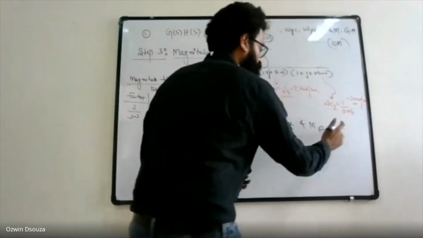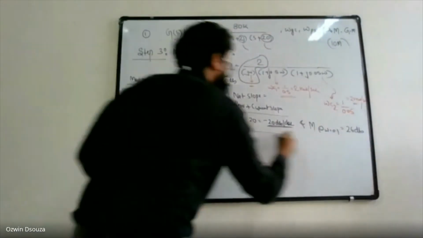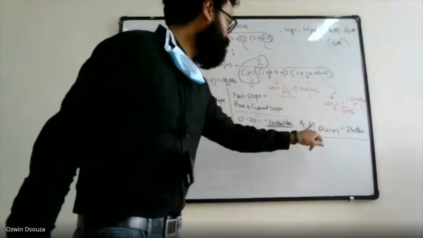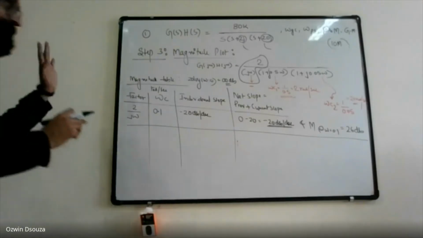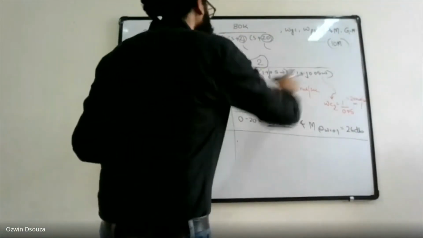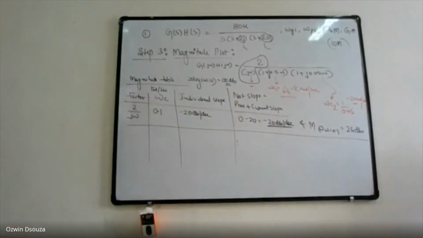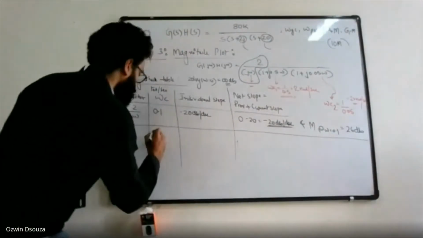So m at omega equal to 0.1 is 26 dB. Yeah, so that's my first factor. So this m needs to be calculated only once, because that's the starting point. Once that is done, you can start listing out the factors in ascending order. So least comes first. So 0.1 you have written. Next is 2 radian per second. Okay.